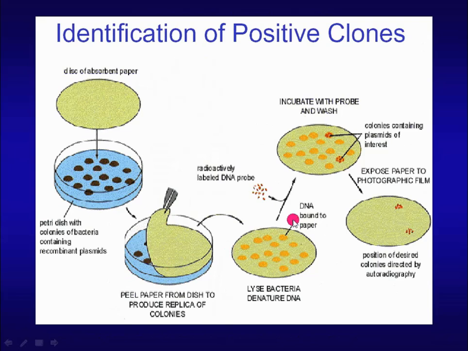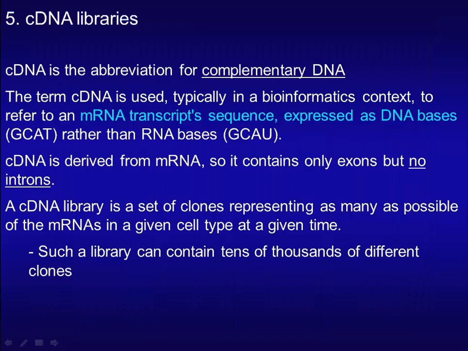Lyse bacteria, denature DNA, and perform DNA hybridization using a radiolabeled probe. At the end, expose the paper to an X-ray film. Position with strong radioactivity corresponds to positive clones.